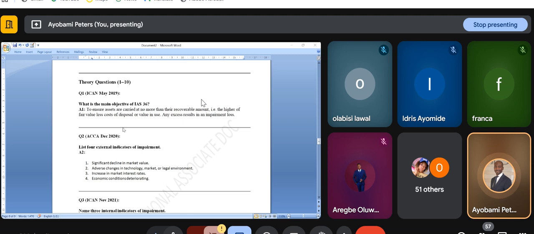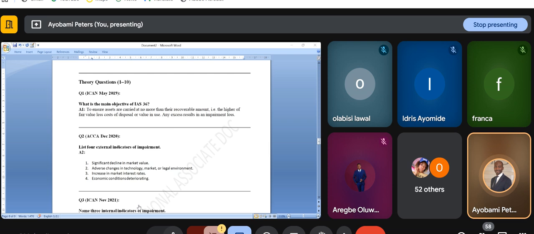The answer is to ensure that assets are carried at no more than their recoverable value, which is the higher of value in use and fair value less cost to sell. The excess of the carrying amount will always amount to impairment loss. And this is an ACCA question, December 2020: list 4 external indicators of impairment.